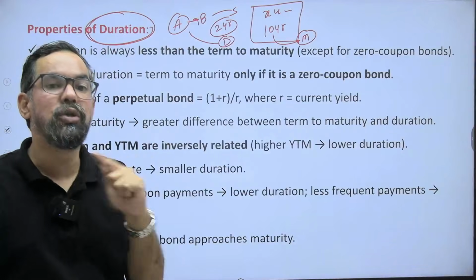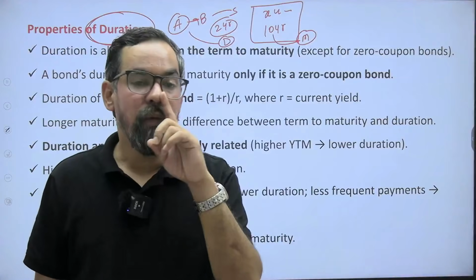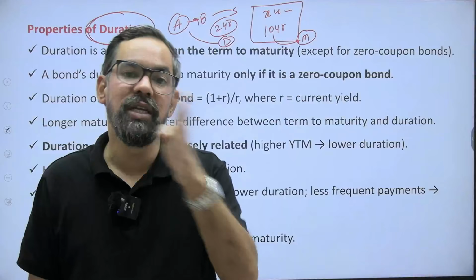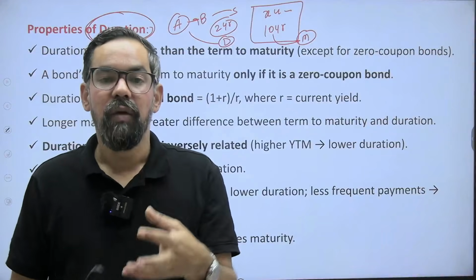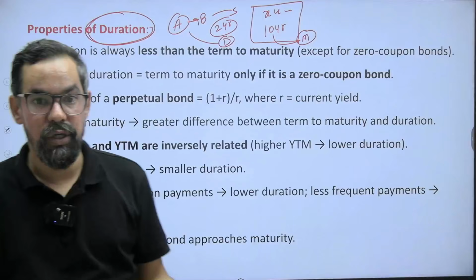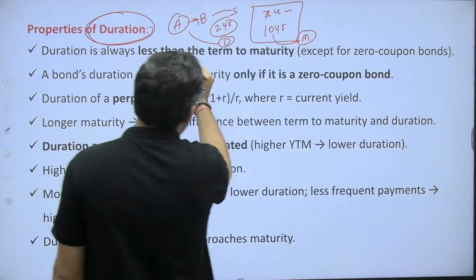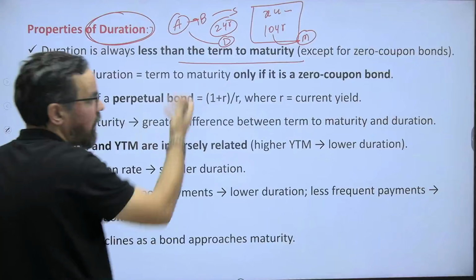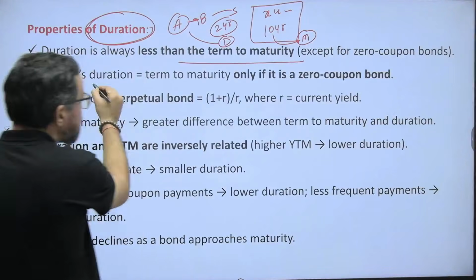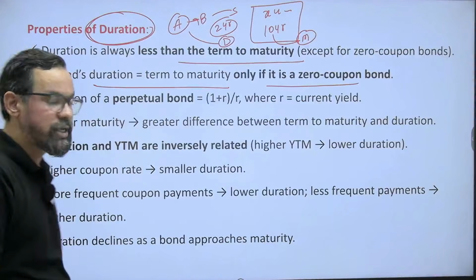In case of zero coupon bonds, where in this case the duration is equal to maturity, because we are not allowing buying and selling in between of those kinds of securities. Right. So that is the one. So duration is always less than the maturity, except in zero coupon bonds, as mentioned here. Okay? A bond's duration is equal to its term of maturity in the case of zero coupon bonds, right?